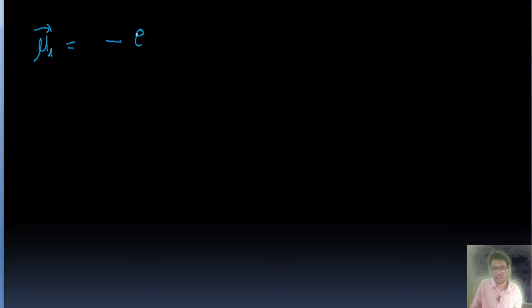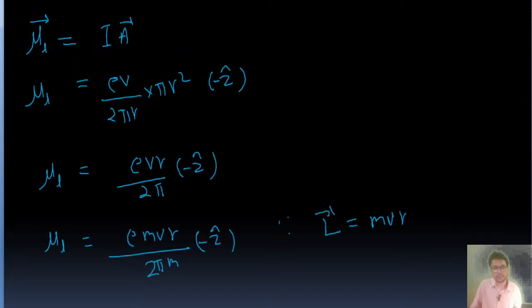So it is e upon 2m times L. Okay, because this L is in the plus z direction.